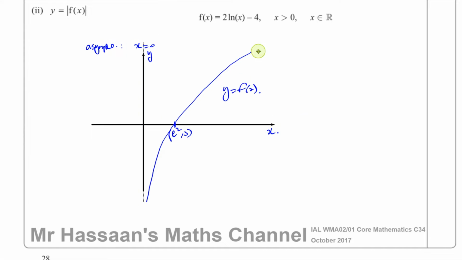Except what happens when you have the modulus is that anything above the x-axis stays as it is, and anything below the x-axis is reflected in the x-axis. So it's going to look like this. This part is going to reflect in the x-axis.